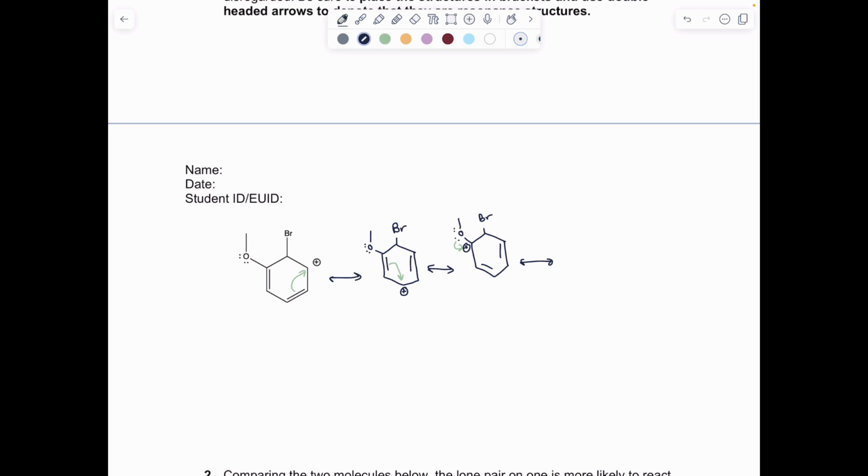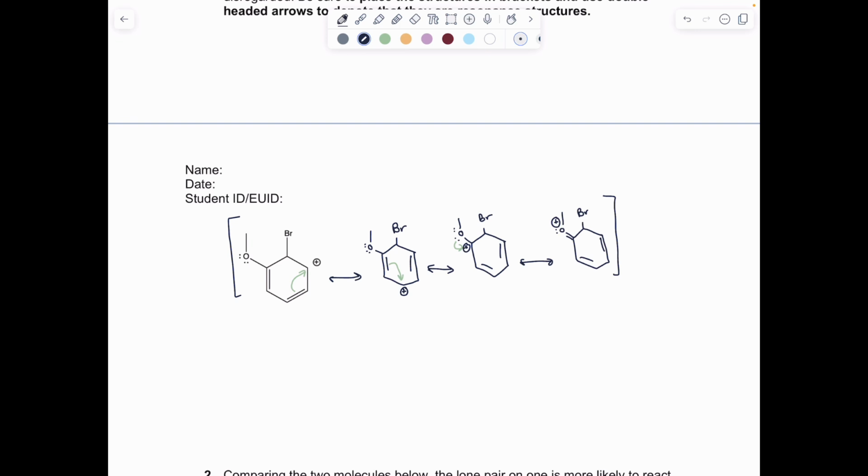And when we do that, the structure looks like this. And then to complete the resonance structure, we put all the resonance structures in brackets.